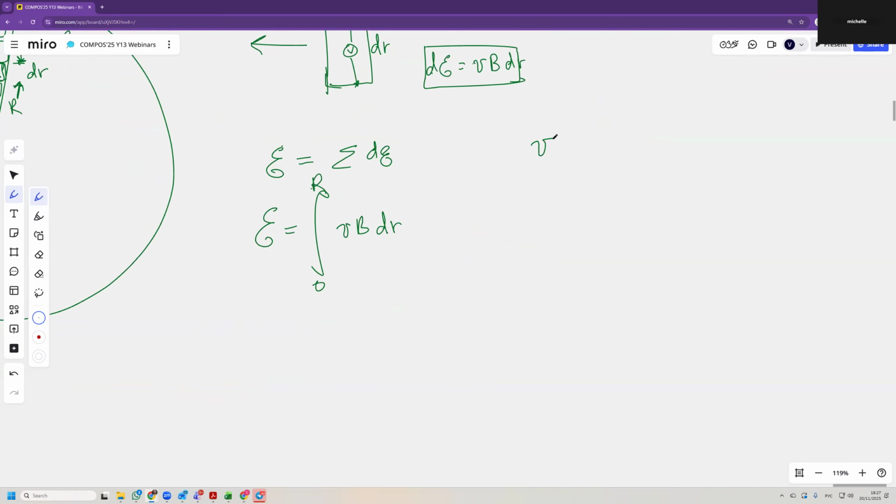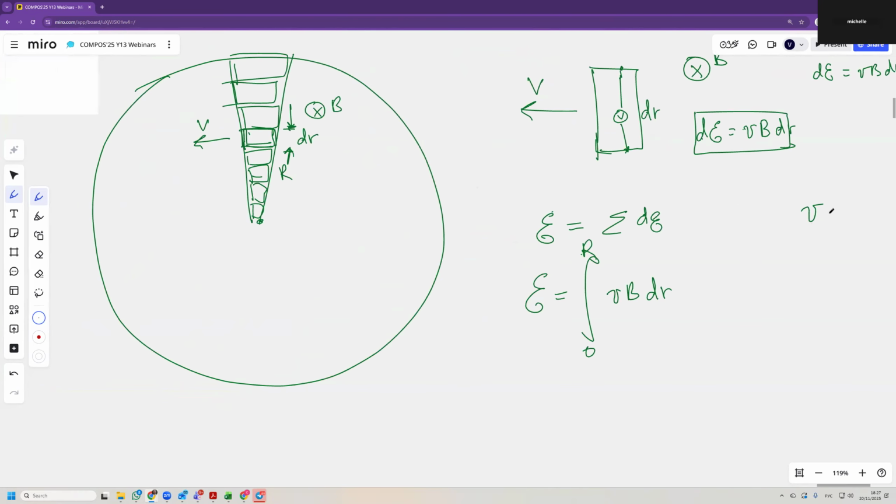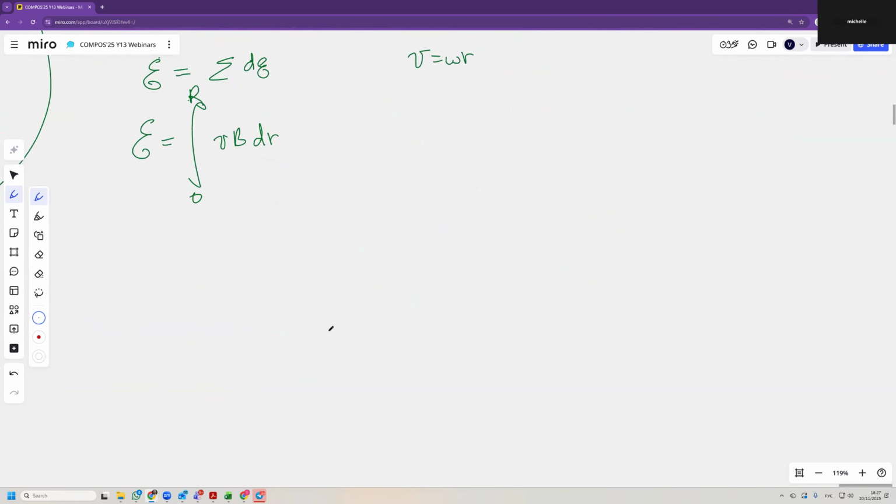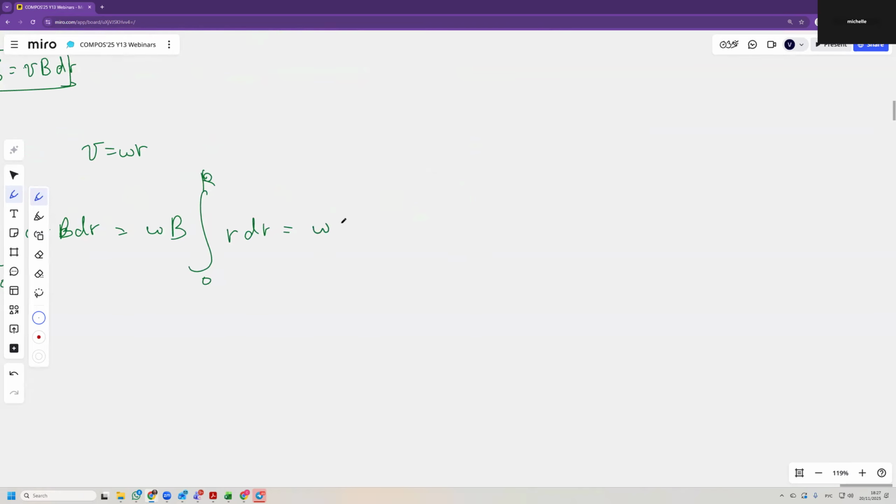Now, one more thing. We know that the velocity is linked to angular velocity. v is omega r, so we can substitute that in here. So that's equal to the integral from 0 to r of omega r B dr. So omega and B are constants, leaving the integral of r dr. This is a quadratic, so that's 1/2 r squared between limits 0 and r.